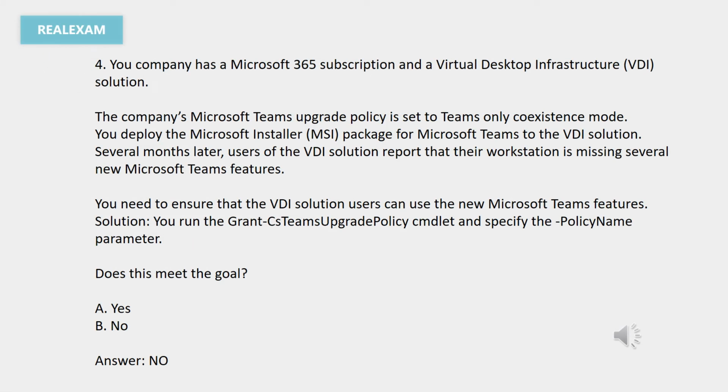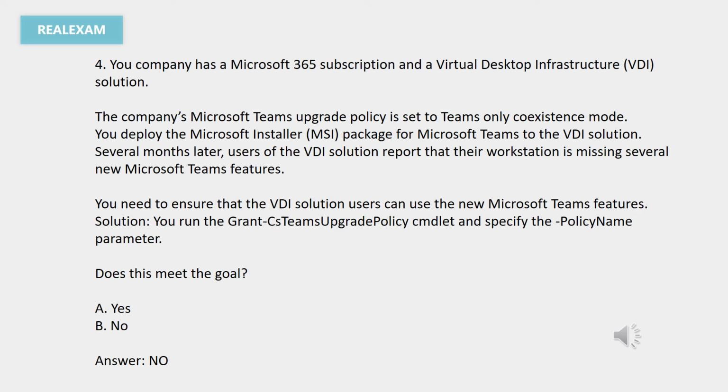4. Your company has a Microsoft 365 subscription and a virtual desktop infrastructure (VDI) solution. The company's Microsoft Teams upgrade policy is set to Teams-only coexistence mode. You deploy the Microsoft Installer (MSI) package for Microsoft Teams to the VDI solution. Several months later, users of the VDI solution report that their workstation is missing several new Microsoft Teams features.